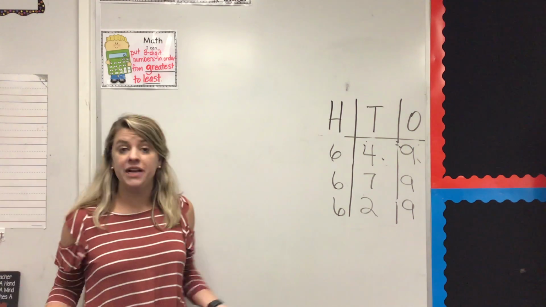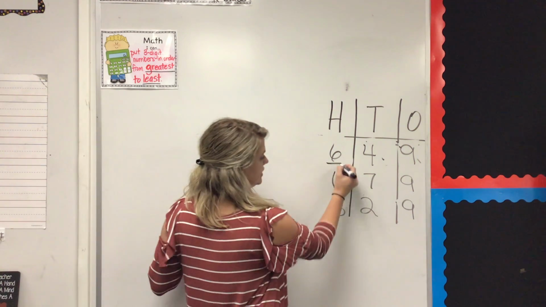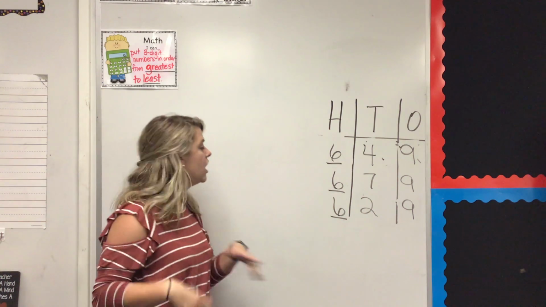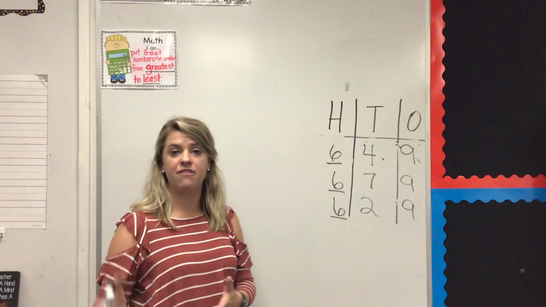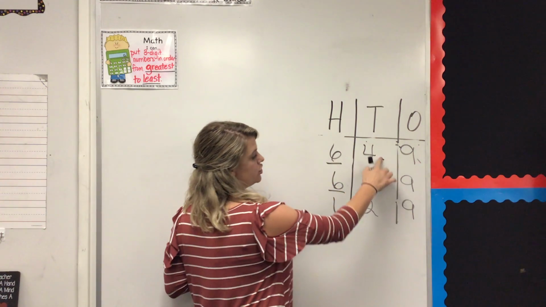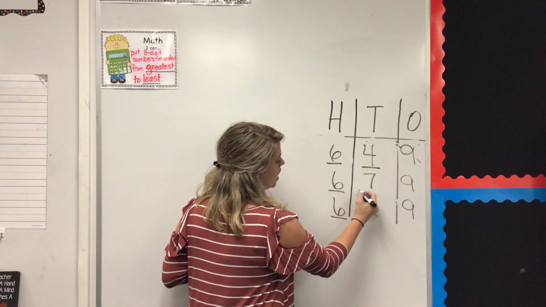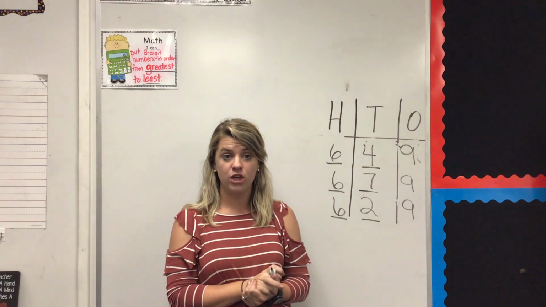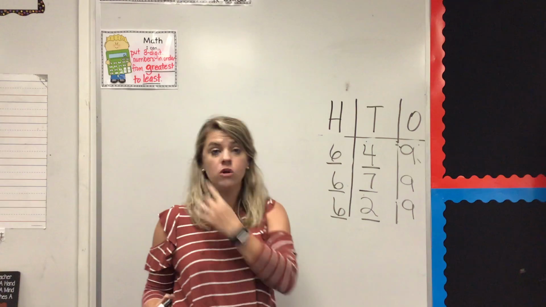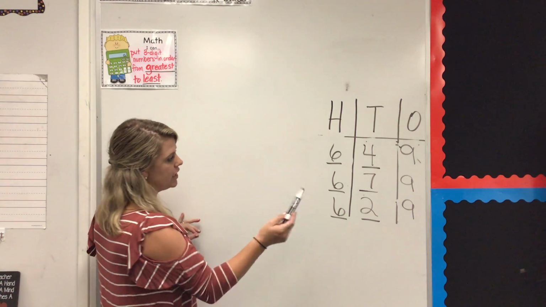Now, we always start with the hundreds. We have 6, 6, 6. Cannot compare those because they have the same value. So we have to look next door to the tens. 4, 7, 2. Do those numbers have the same value? No, they don't. So we can put them in order.